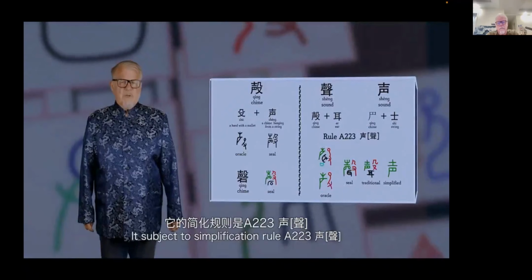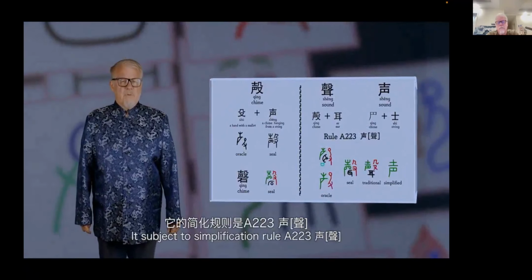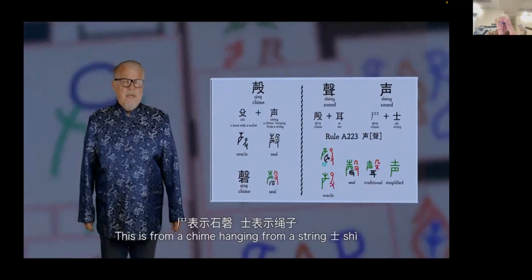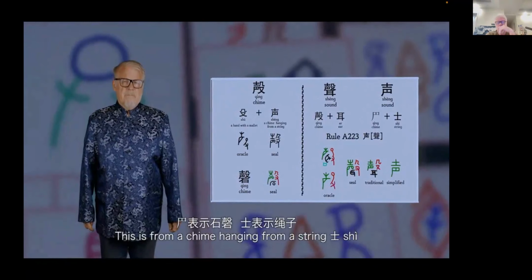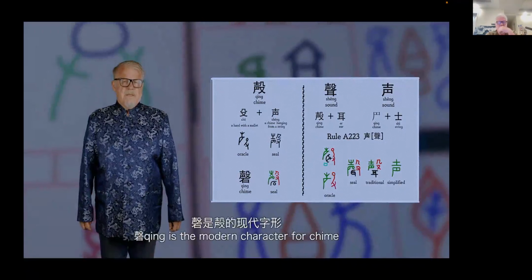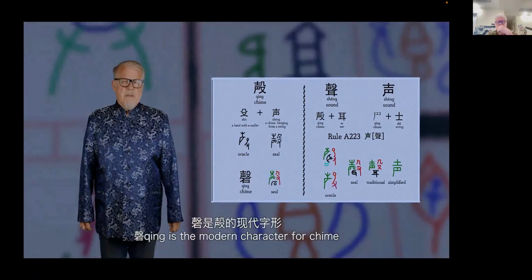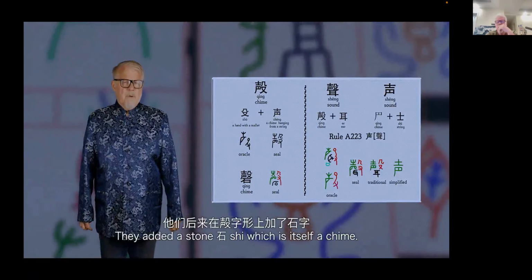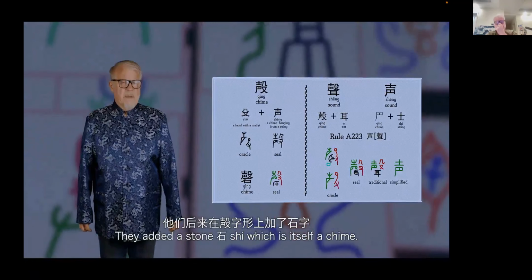It's subject to simplification rule A223. This is a form of chime, sheng, hanging from a string, shi. Xing is the modern character for chime. They added a stone, shi, at the bottom, which is itself a chime.